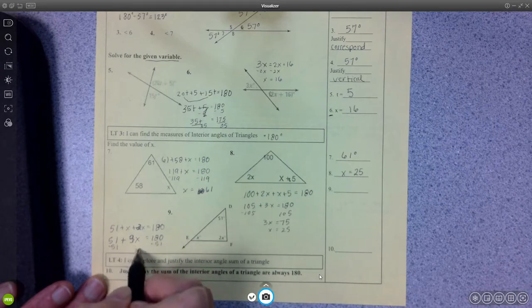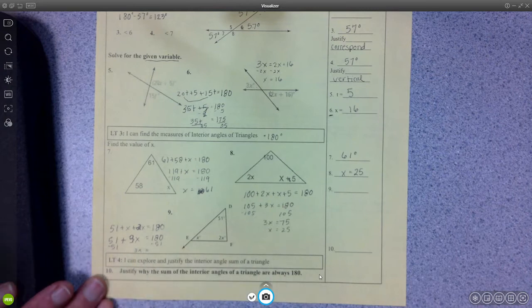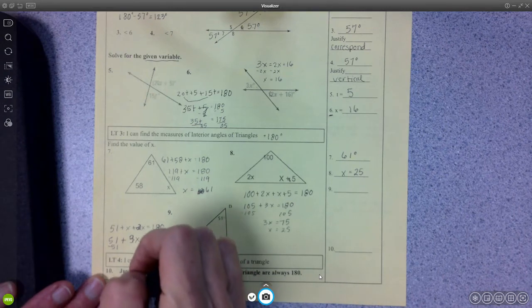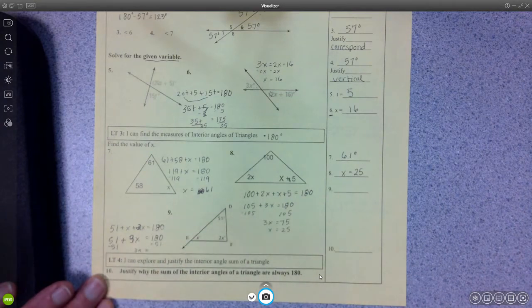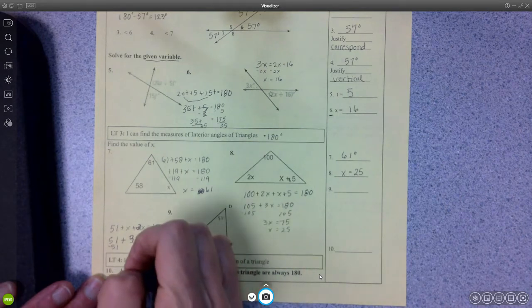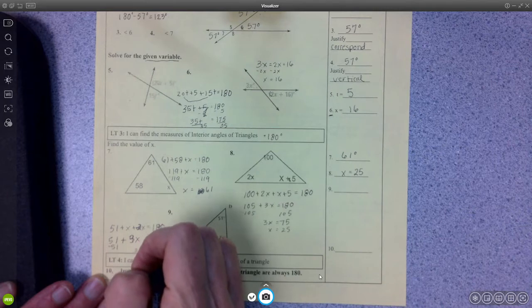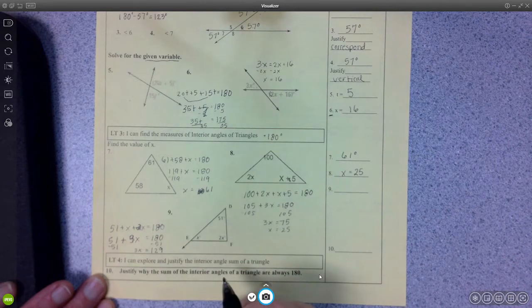We'll be left with 3x equals, and you can check it in your calculator, right? Make sure you're getting it to the right place. 180 minus 51, it's going to be 129.